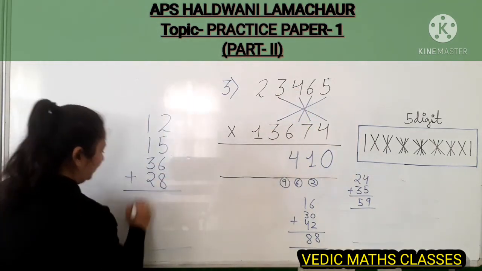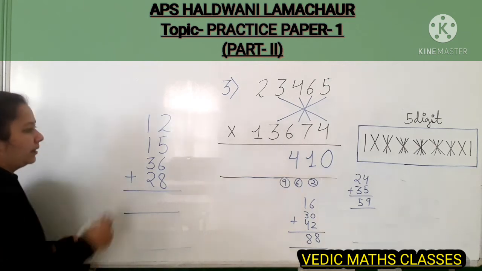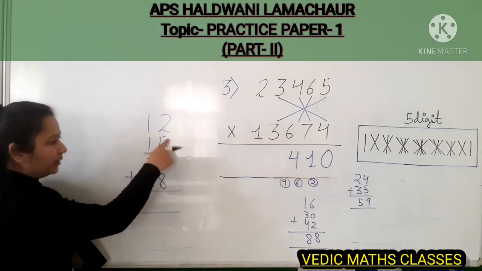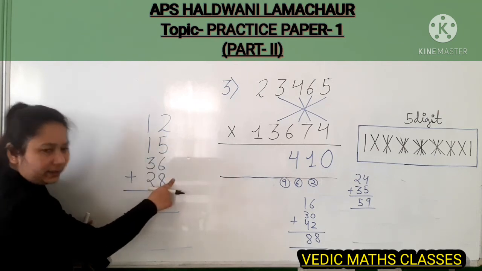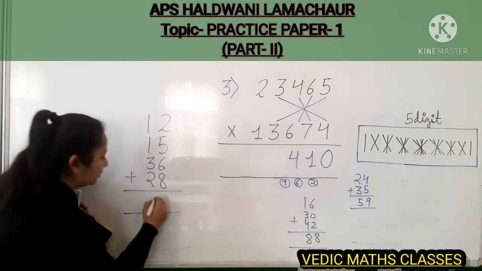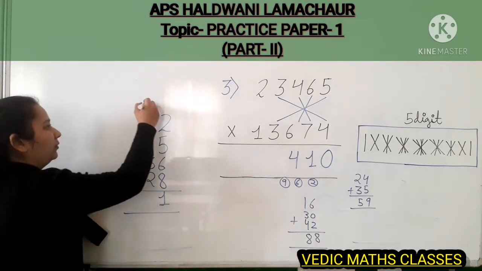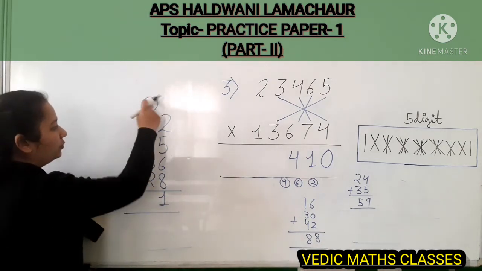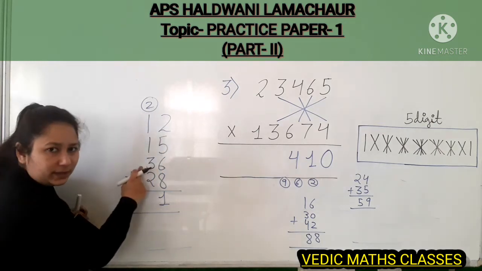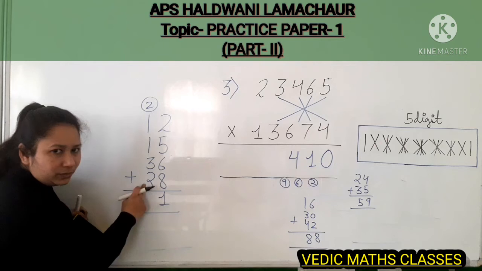Now add. See here, 5, 6 plus 5 11, 11 plus 8 19, 19 plus 2 20, 21. So 1 here and 2 will go carry. Now 2 plus 1 3, 3 plus 1 4, 4 plus 3 7, 7 plus 2 9.